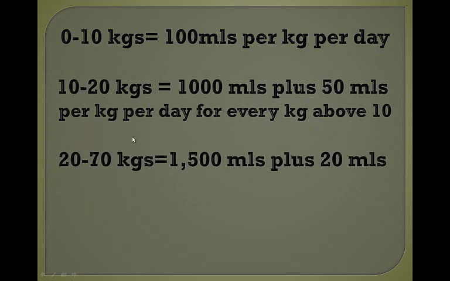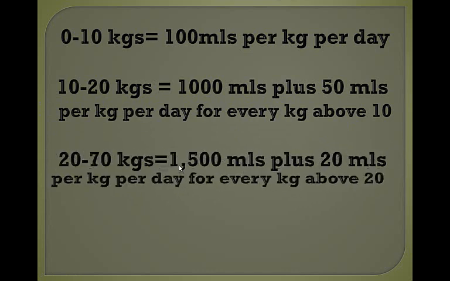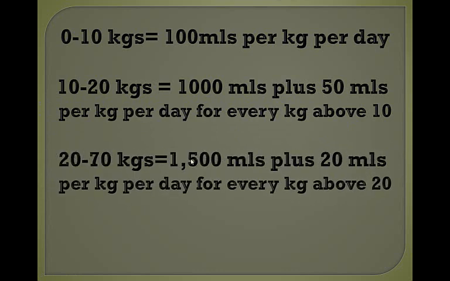For a patient between 20 to 70 kilograms, the daily requirement is 1,500 milliliters plus 20 milliliters per day for every kilogram above 20. So if you have a patient that is 40 kilograms, you start with a 1,500 milliliter requirement, and then you take 20 milliliters for every kilogram above 20.